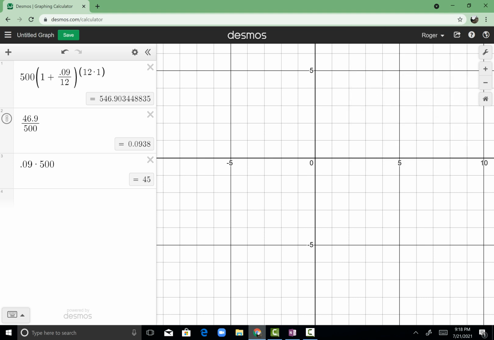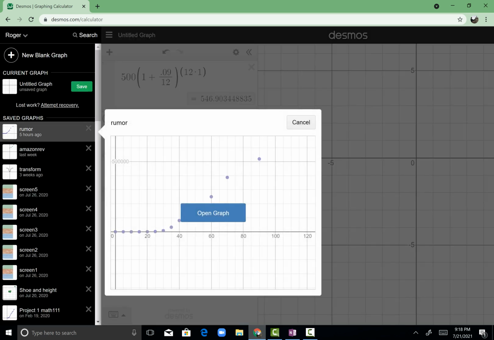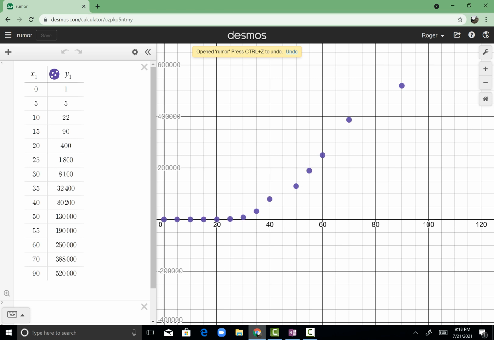All right, I'm logged in. Let me go get the one that I have here. This was the rumor graph that I was talking about in class.